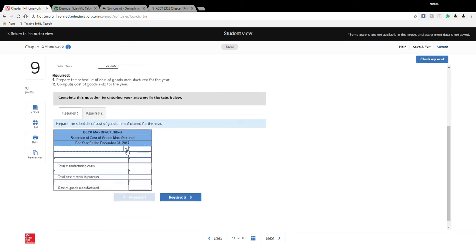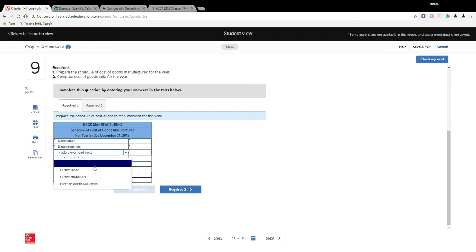So let's put those in. Direct labor, direct materials. Does it have anything else? No. So it's really just our big 3. Didn't have anything else. So that's pretty cool.